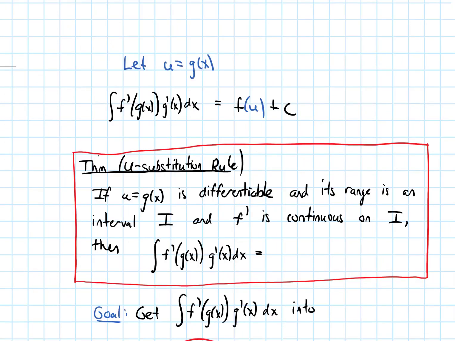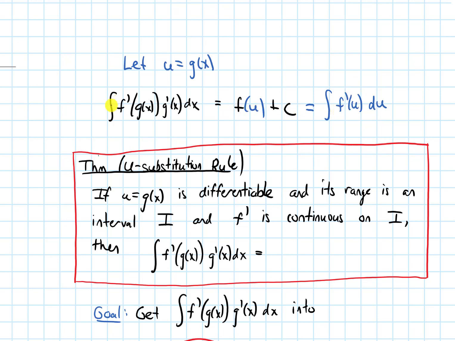I'm just moving my work to the top of the page to give myself more room. So this f of u plus c, we could also write as an integral a little bit more simply. This would just be the integral of f prime of u du, because the general antiderivative of f prime of u would just be f of u plus c.